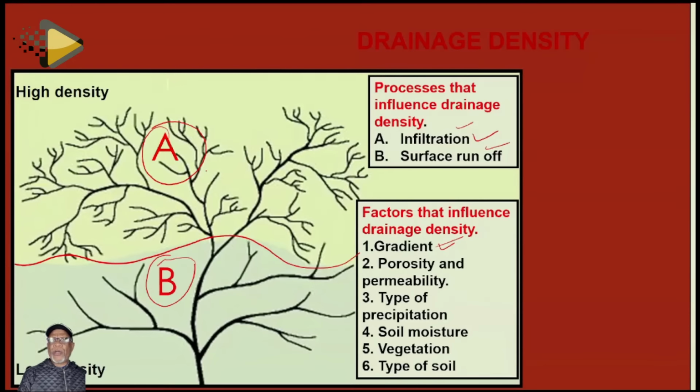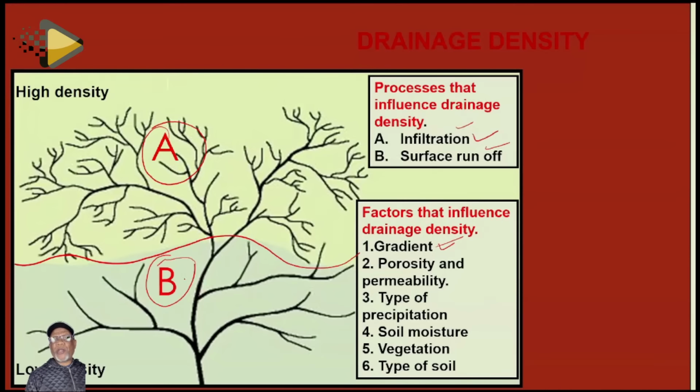There are fewer pore spaces. Because of fewer pore spaces at A, there is more surface runoff and there is less infiltration. And that is why we have higher density. But the opposite is taking place at B. At B, the area has high porosity. Because of high porosity, there is more infiltration at B.